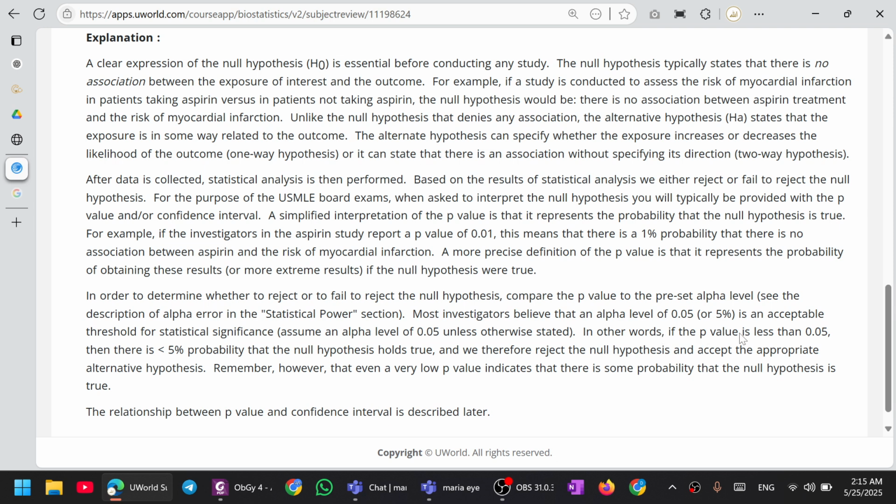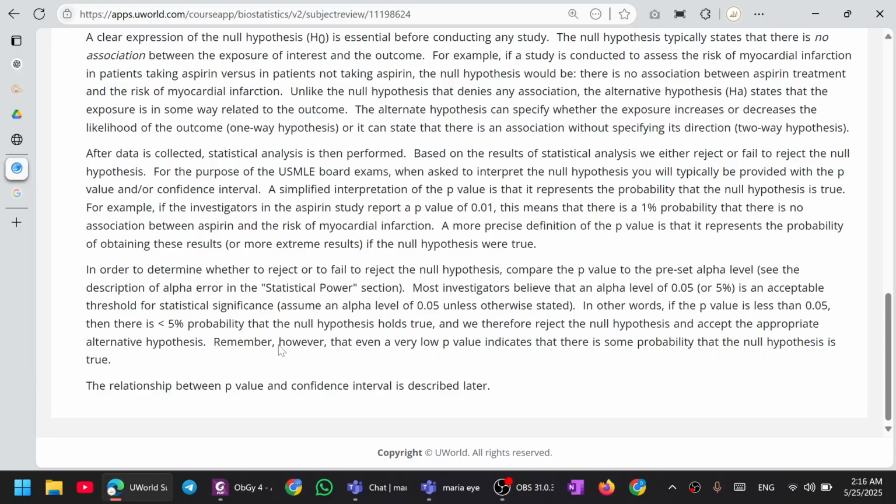In other words, if the p-value is less than 0.05, there is less than 5% probability that the null hypothesis holds true. We therefore reject the null hypothesis and accept the appropriate alternative hypothesis. Remember, however, that even a very low p-value indicates there is some probability that the null hypothesis is true. The relationship of the p-value and the confidence interval is described later.